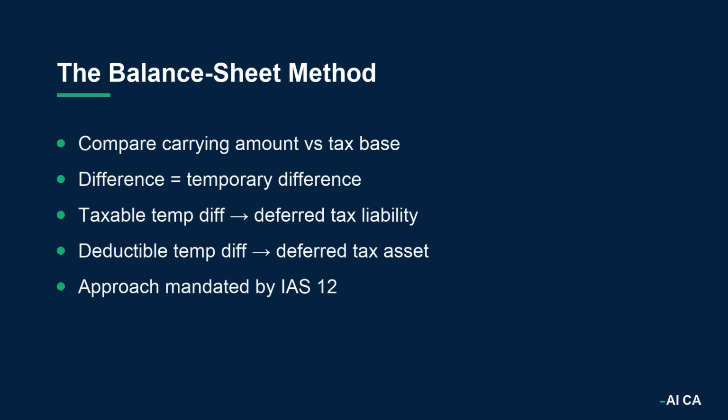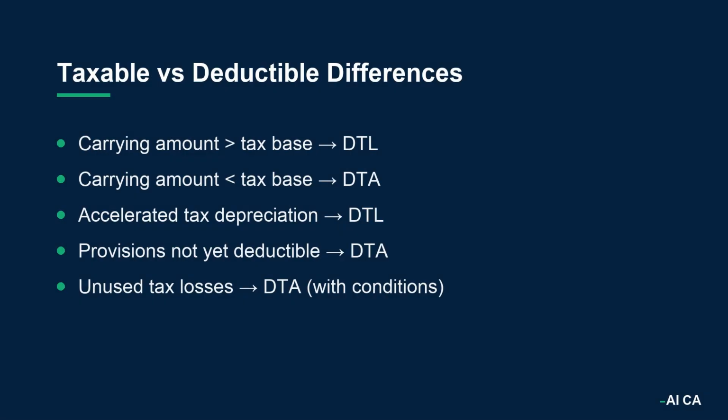A taxable temporary difference arises when the carrying amount of an asset exceeds its tax base, meaning more taxable income will flow through in the future than accounting income. That creates a deferred tax liability. A deductible temporary difference is the mirror image.